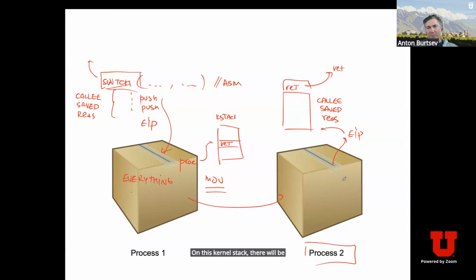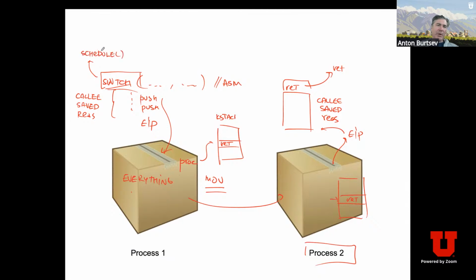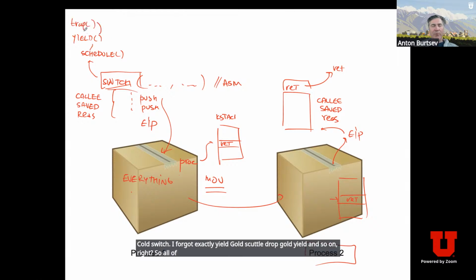And similar for this process, there will be a return address which we pushed when schedule called switch. I forgot exactly, yield called schedule, trap called yield, and so on, right? So all of these return addresses are on the kernel stack.